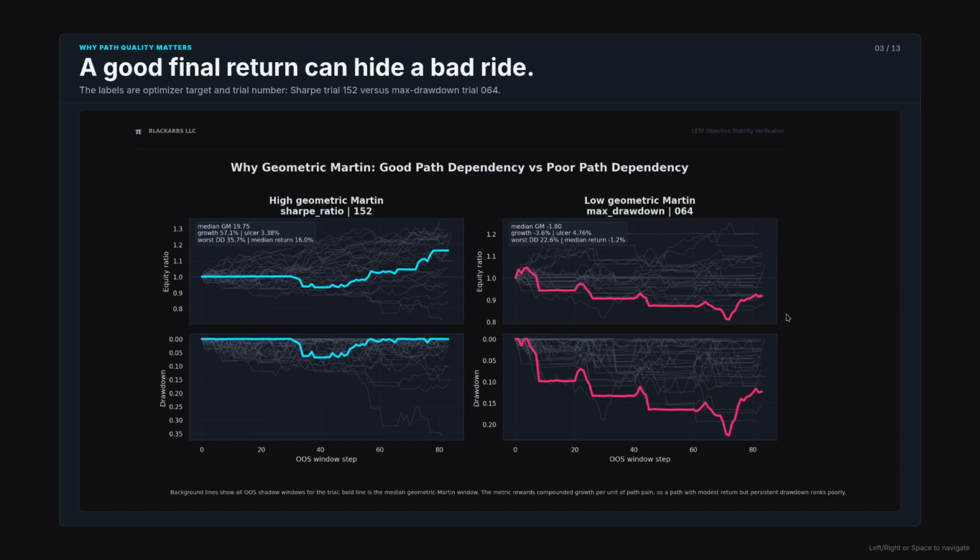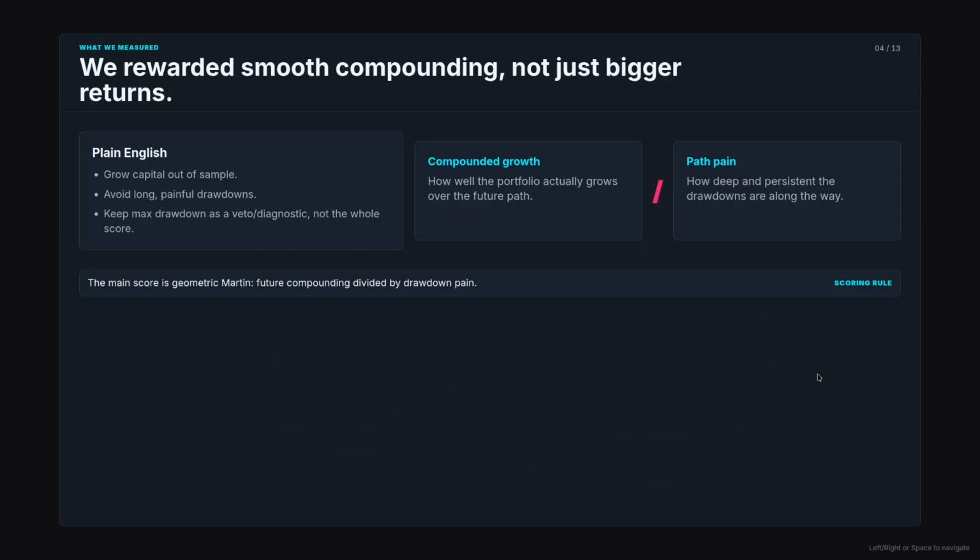One other thing. So again, this metric, it rewards compounded growth per unit of path pain. So a path with a modest return but persistent drawdown ranks poorly, right? So in plain English, we want to grow this capital out of sample. We want to avoid long, painful drawdowns. And we can use a raw max drawdown level as a veto.